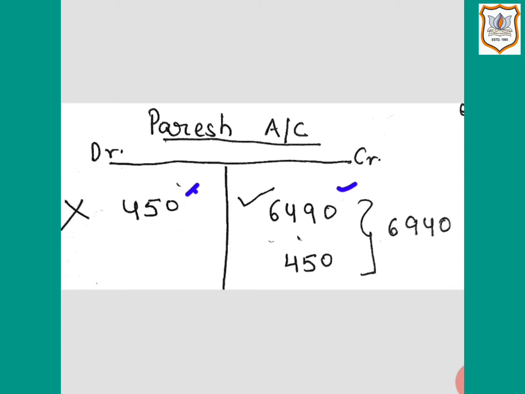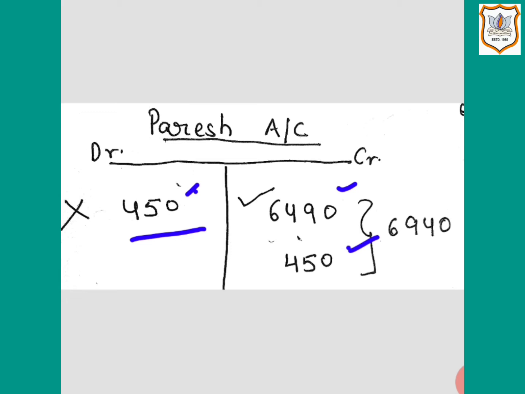So this one needs to be reversed. In order to correct this, rupees 450 will be recorded on credit side of Paresh account to nullify the effect of wrong entry. So here 450 will be recorded on credit side. As per the principle, undo what is wrong.